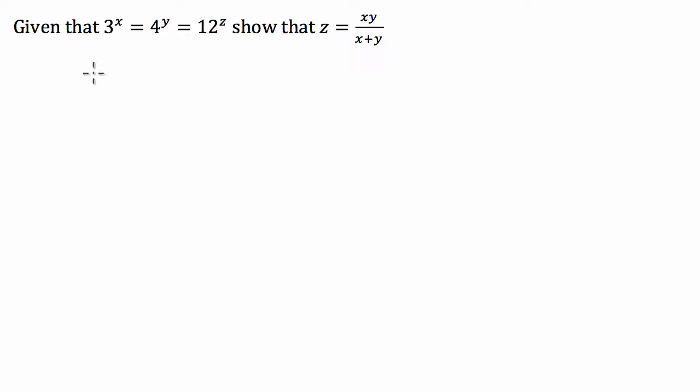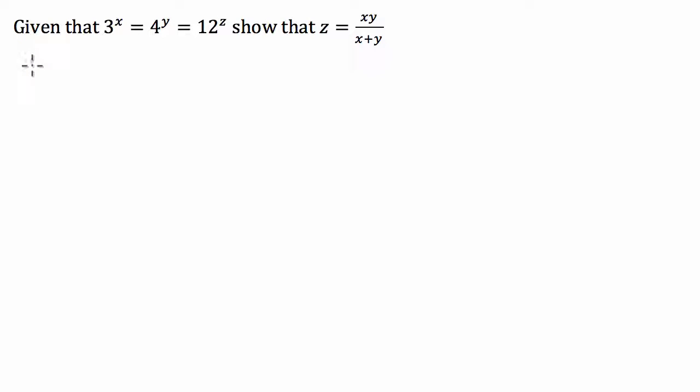So, what we're going to do is start by getting the variables out of the power using logarithms. I'm going to take the natural log of each of these, just to make the working out a little bit easier.